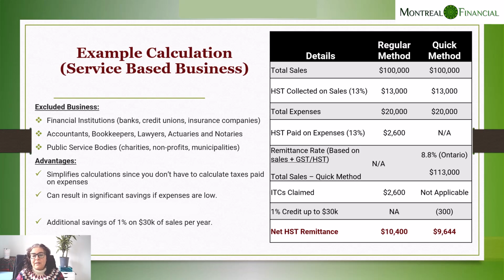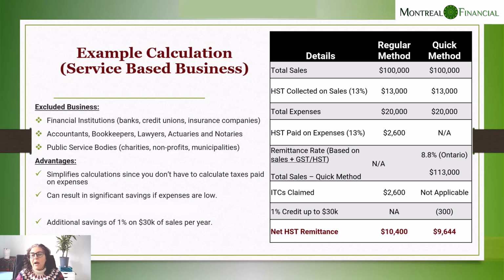So the HST that you would have paid on these expenses would be $2,600. And again, these are just your taxable expenses. Under the quick method, this is not relevant because you're not allowed to claim the taxes paid on expenses. The remittance rate under the regular method is just 13%. It's not really applicable in this case.